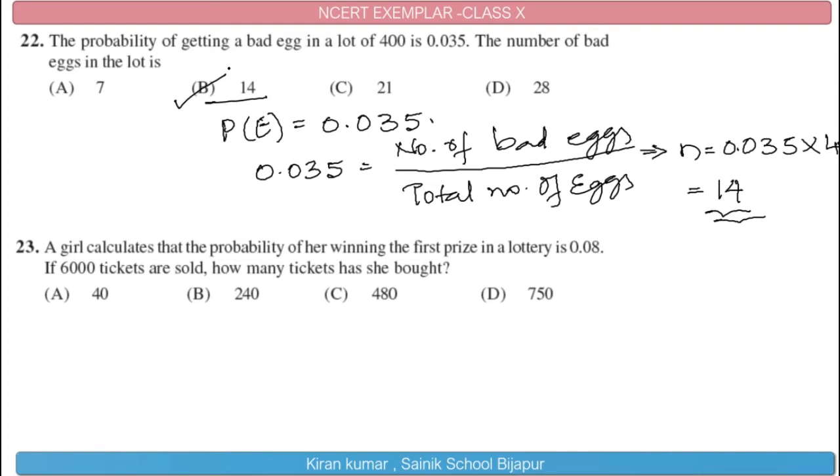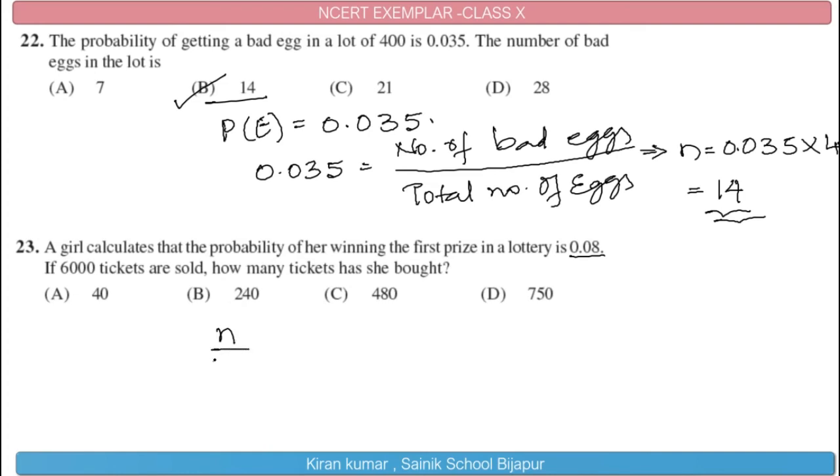Question number 23. A girl calculates the probability of her winning the first prize in a lottery is 0.08. If 6,000 tickets are sold, how many tickets has she bought? So here we need to find the number of tickets she has bought.